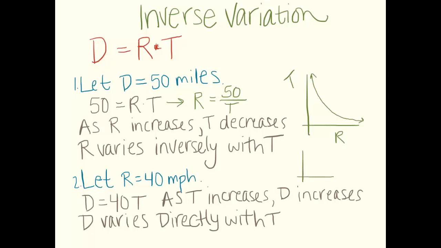If we have time now on the x-axis and D on the y-axis, your graph's going to look something like that. So with this relationship, D equals R times T, R varies inversely with T, and we can see that D varies directly with T. Of course, I could also think about R and D, or what other combinations we could do, but that's an example of inverse variation and direct variation.